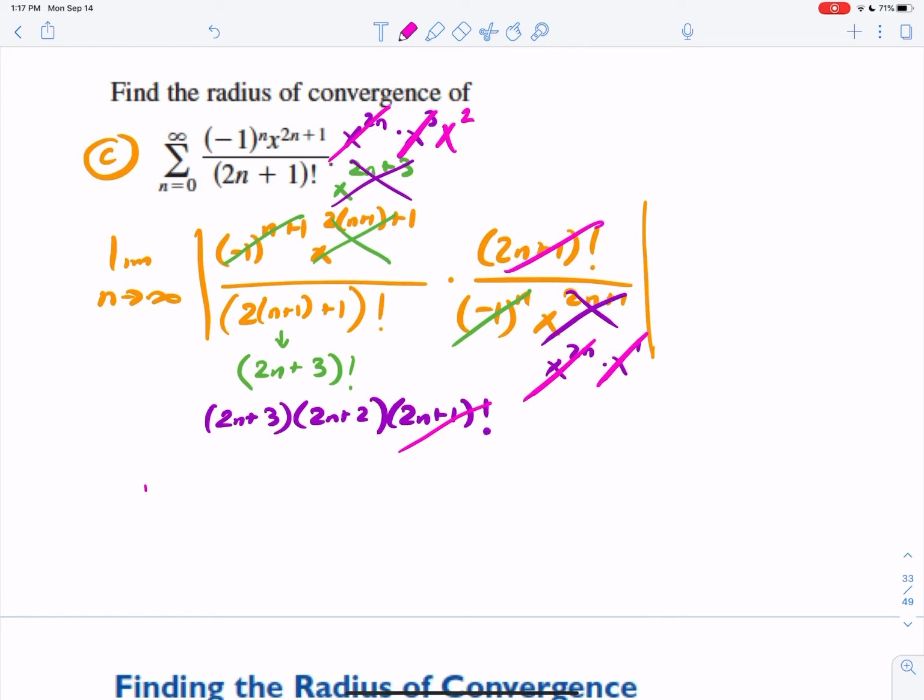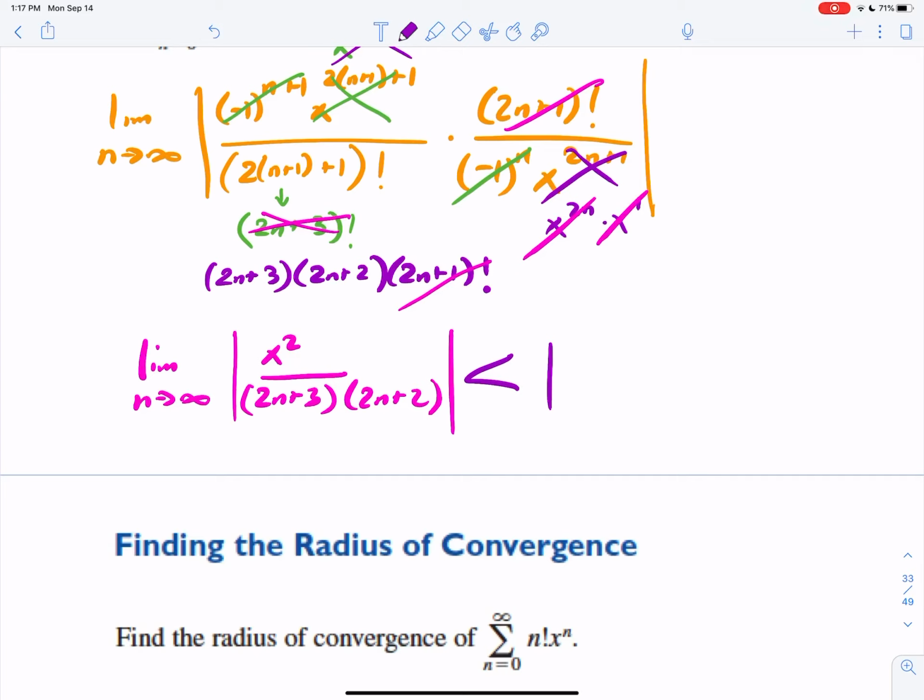All right, here we go. The limit as n goes to infinity, I have x squared all over 2n plus 3 times 2n plus 2. I think I got everything there. Okay, and I'm going to force it to converge, so I make it less than 1.